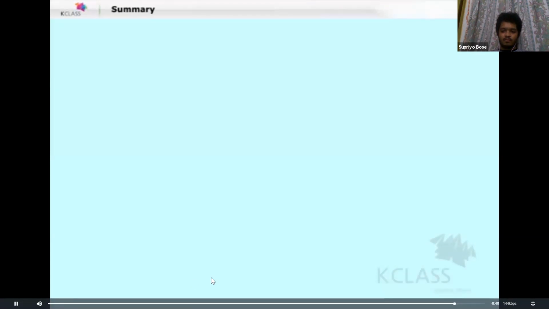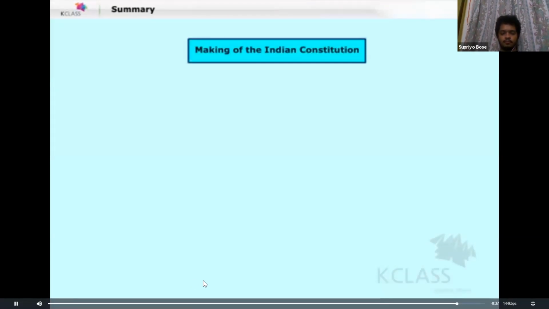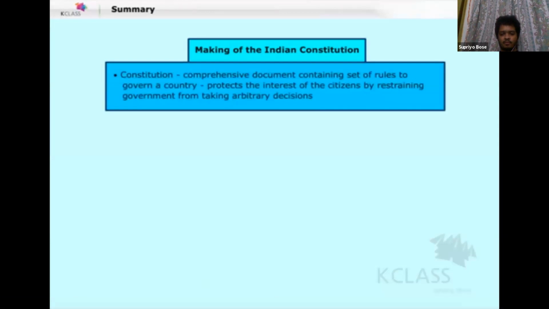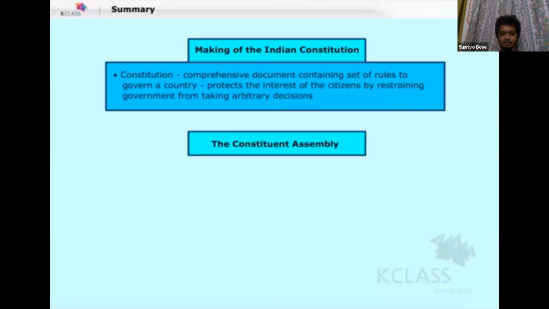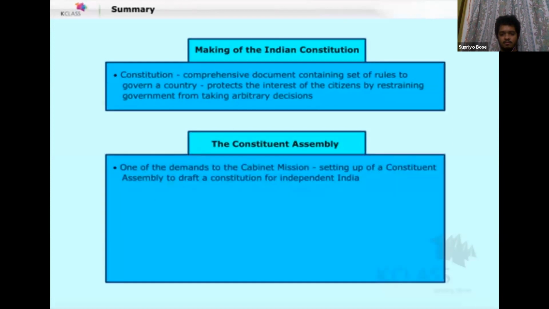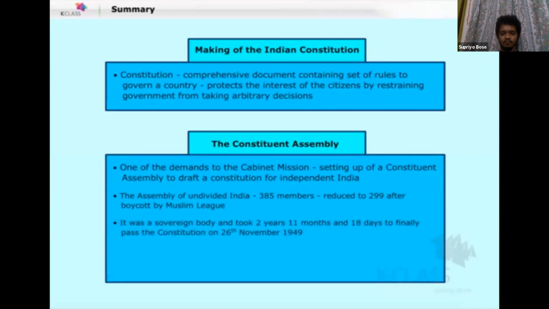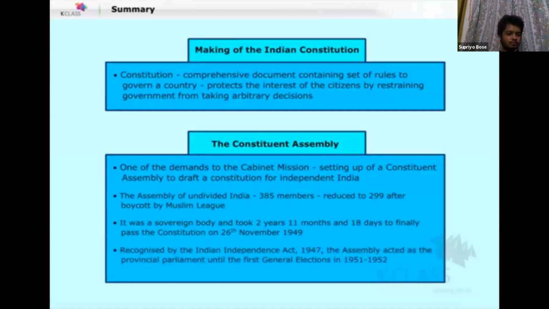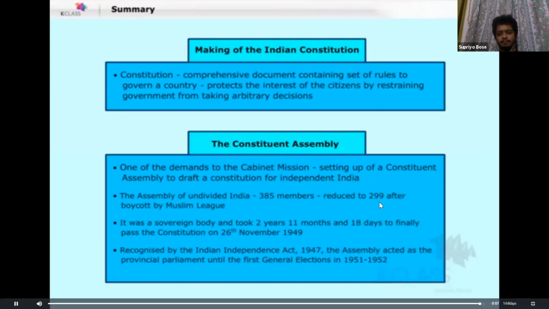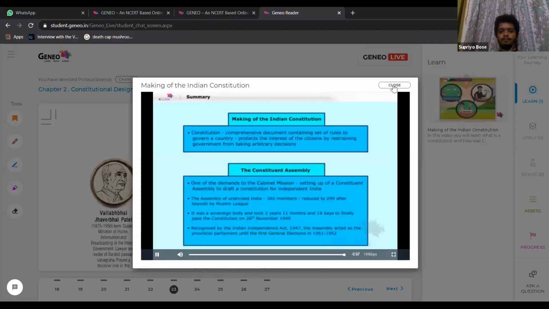Let us summarize what we've learned in this learning. So this is how the constitution was formed.